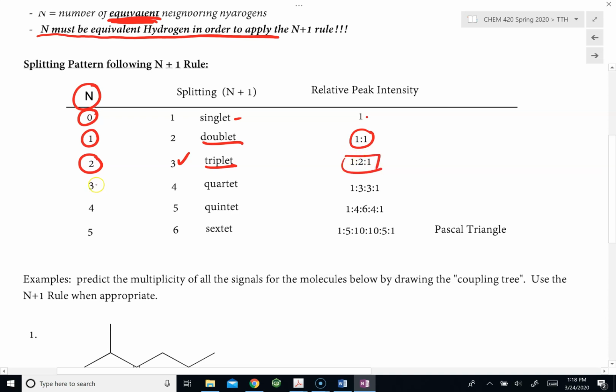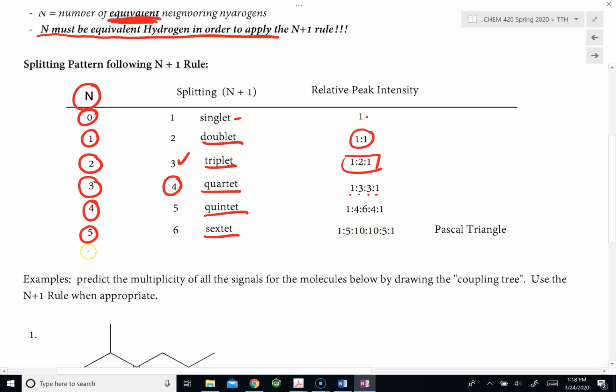And similarly, if N equals 3, 3 plus 1 equals 4, it would split into a quartet. And the relative intensity would be 1 to 3 to 3 to 1 among these different signals. And if there are 4 equivalent neighboring hydrogens, it would be a quintet. And if there are 5 equivalent neighboring hydrogens, then it would be a sextet, and the relative intensity will be 1 to 5 to 10 to 10 to 5 to 1.